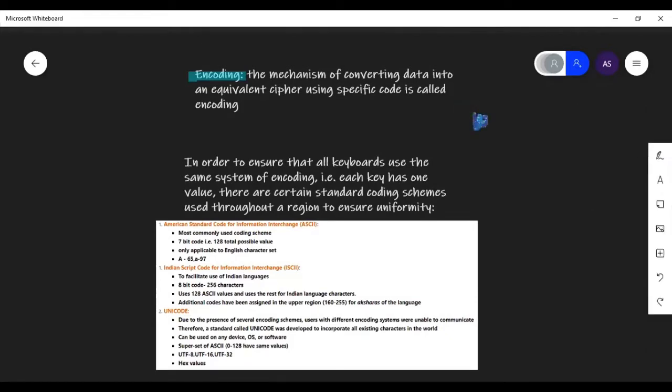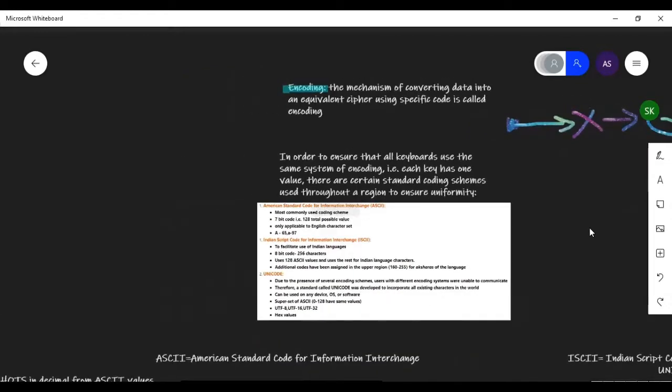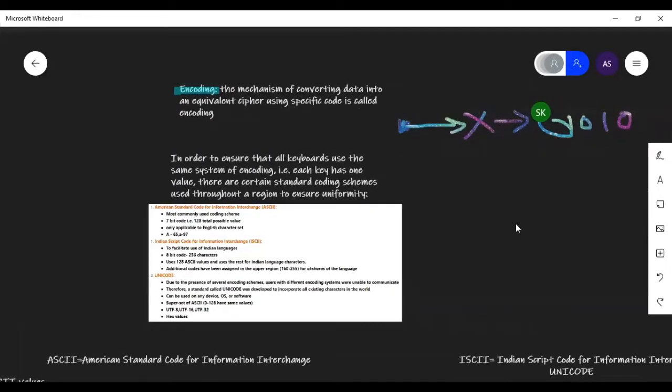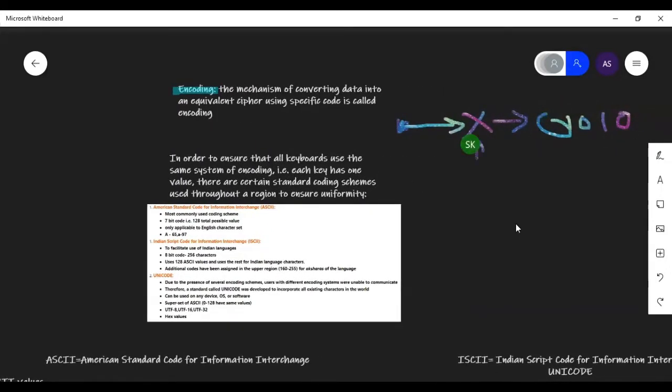My keyboard will convert that into a specific code, right? So let the code be X. And then this code will be further converted into binary, which the computer understands. So let's make the binary random, 1 0 0 1 0, whatever. So X is our data in the encoded scheme, and this is our binary equivalent, and this is our original data.